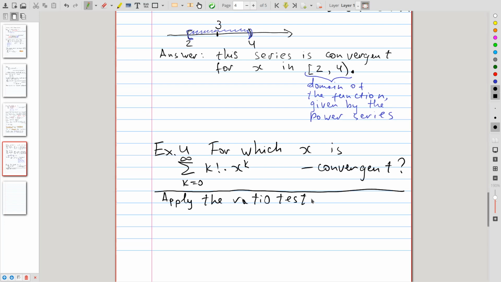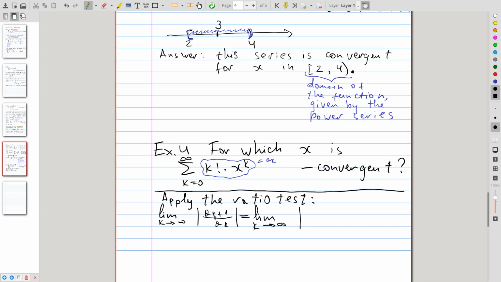Okay, according to the ratio test, we must look at the limit as k goes to infinity of a_{k+1} over a_k. Now, in this power series, a_k is the entire term over here. So this is the a_k. So now the limit we have to compute is the following.